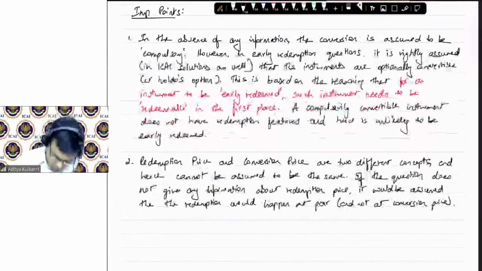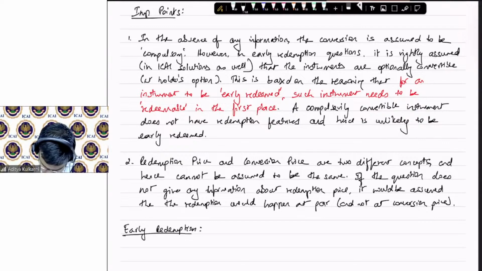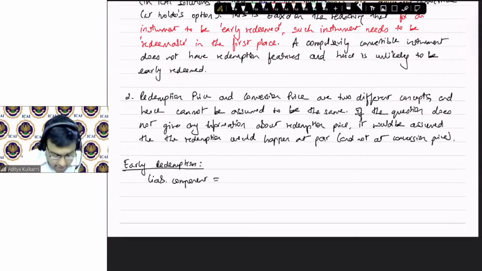Now, early redemption. Liability component is equal to, you are paying interest 40,000 into PVAF.